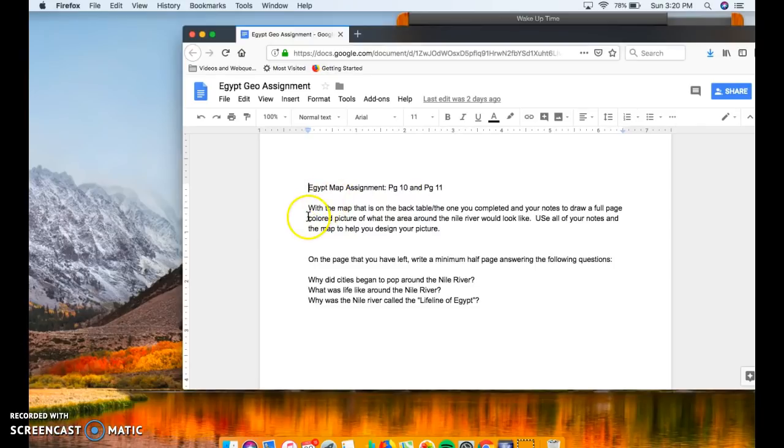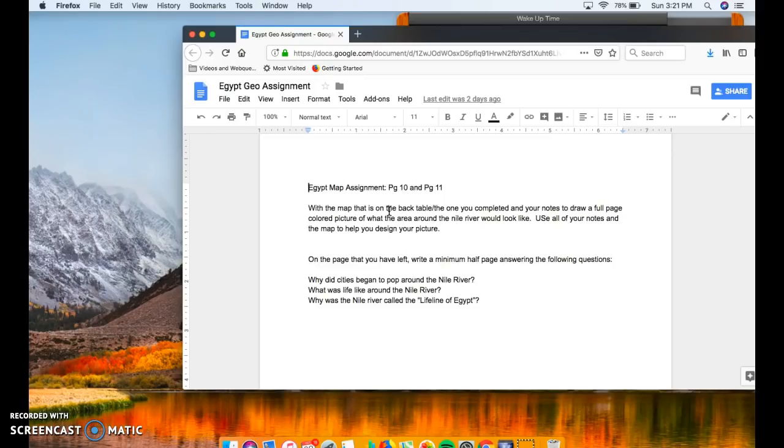The second assignment says, with the map that is on the back table, which should be the same map you completed yesterday, and the 8 questions and your notes on page number 9, I want you to draw on page number 10 a full-page colored picture of what the area around the Nile River would look like. I want you to use all your notes and the map to help you design your picture.